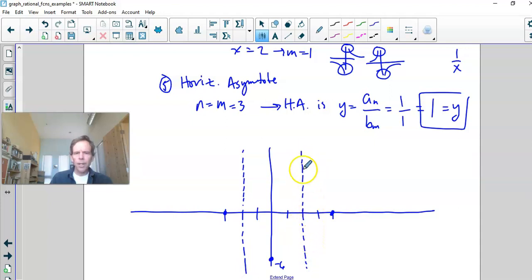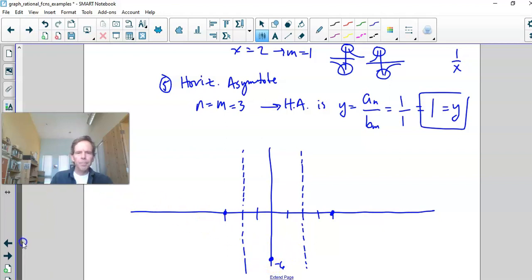Okay, let's start thinking about what's going on here. So between the two vertical asymptotes, I always like to start in the middle if I can. I don't see any x-intercepts in there. The only thing I see between those two is the y-intercept.